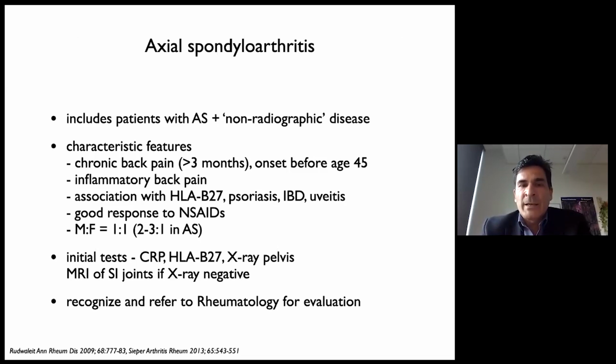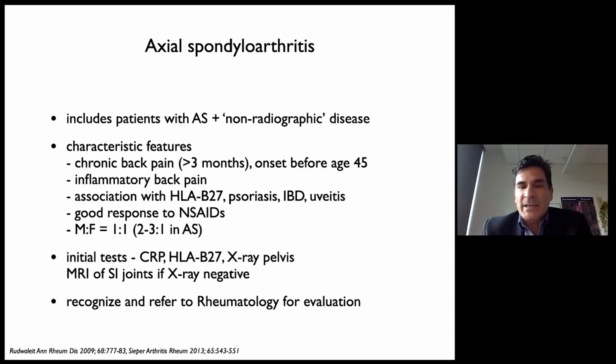Inflammatory back pain is a constellation of back pain features that include insidious onset, association with morning stiffness, improvement with exercise but not with rest. Inflammatory back pain typically responds well to nonsteroidals, and it may be associated with buttock pain that may also shift between left and right.